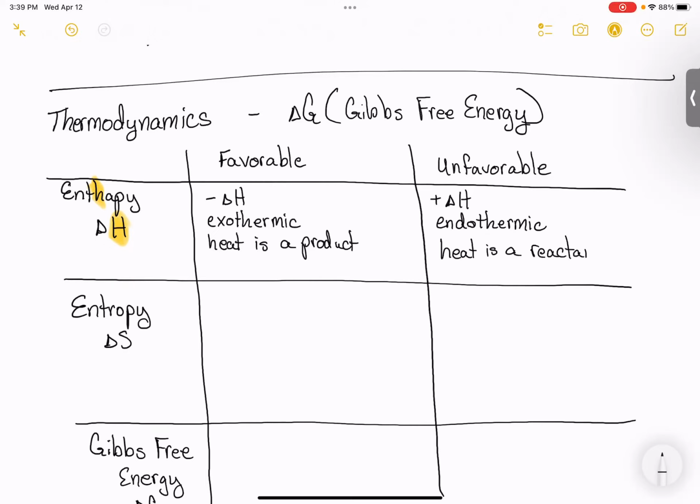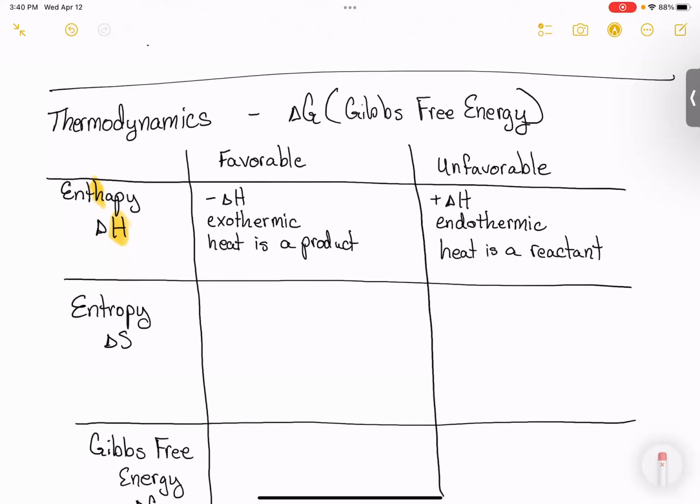Now, I want to take a moment, you know, we all have our things that we love, and I think enthalpy is kind of fun. So I want to take just a moment and help you to keep all of this straight and understand what it means. If we talk about an exothermic reaction with a negative delta H, what it means is that once we give that reaction the spark it needs, it's going to go.